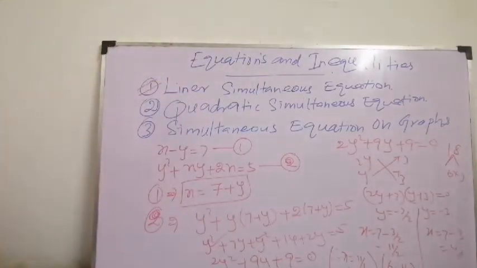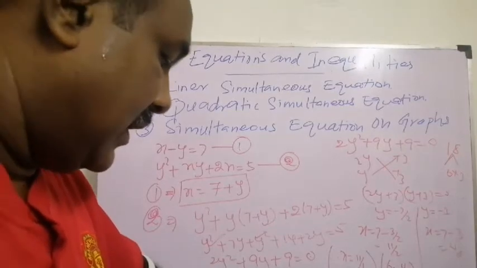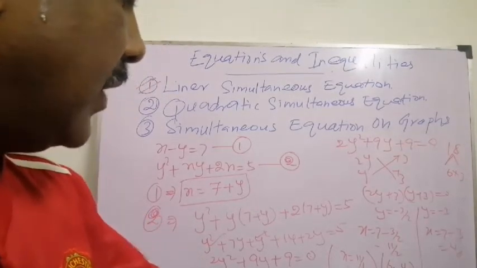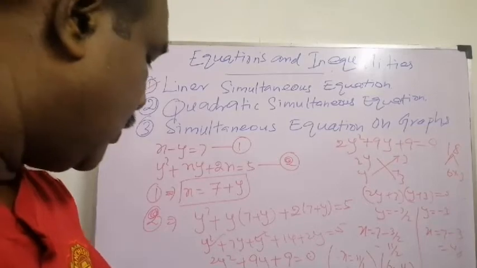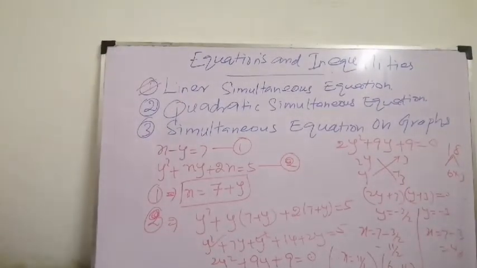So when quadratic equations are given, you have to substitute and solve, and you will get two sets of values.